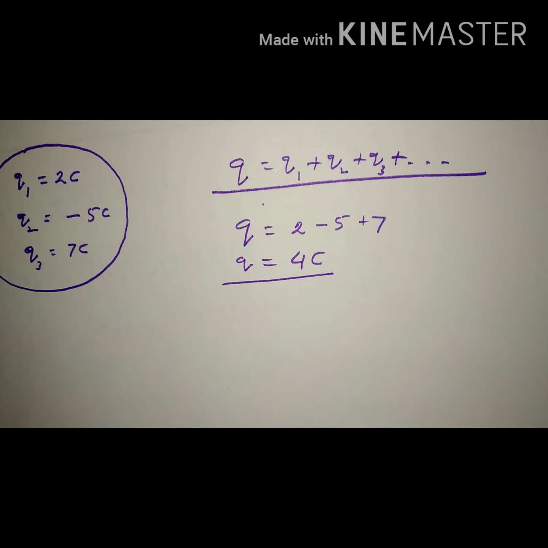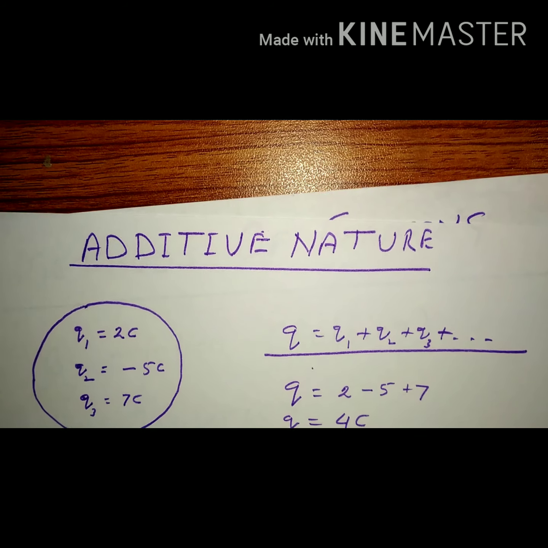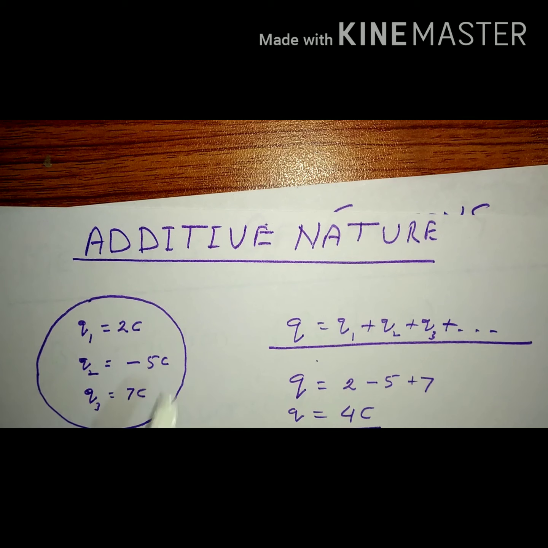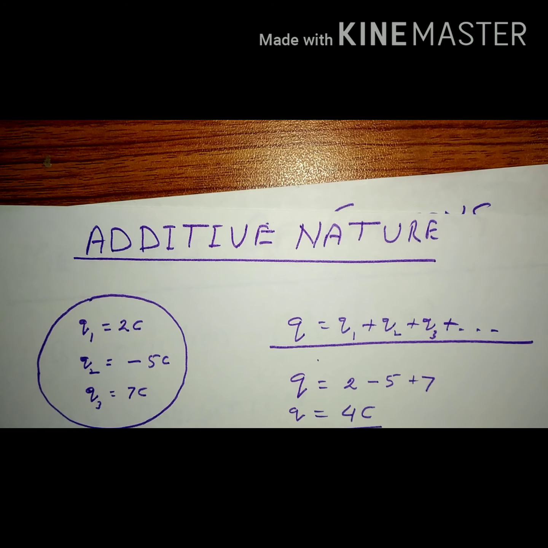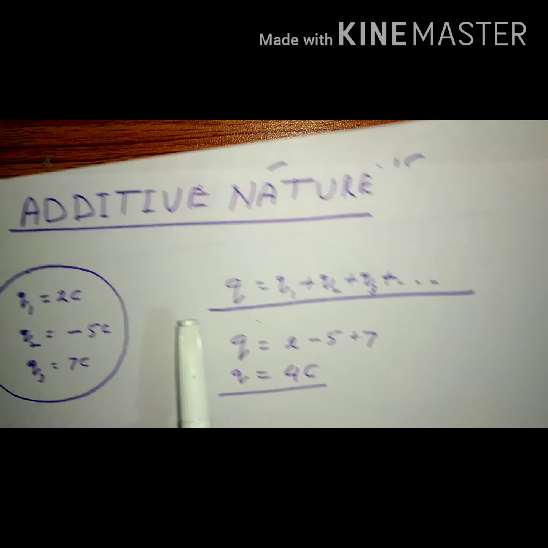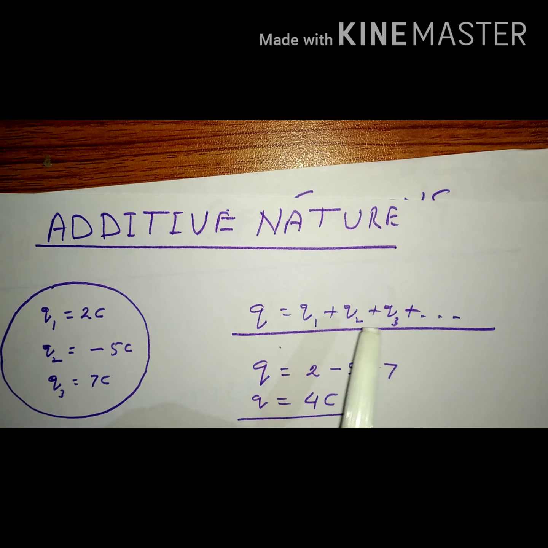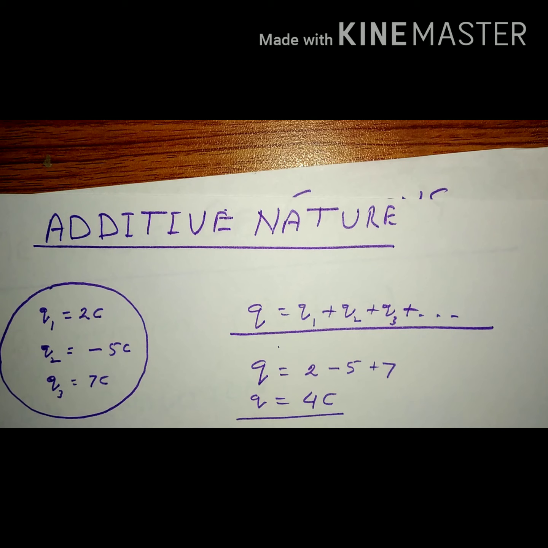If we see the third property, it will be additive nature. Additive nature means if on a body there is a charge of 2 coulomb, minus 5 coulomb and 7 coulomb, so the total charge on the body by the additive nature, the total charge Q equals Q1 plus Q2 plus Q3 plus Q4 and so on.